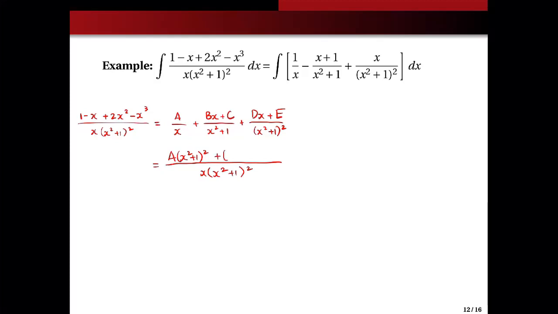And then plus Bx plus C. The denominator of Bx plus C is just x squared plus 1, so I am missing x, and I am also missing one of the x squared plus 1. So I'll have x times x squared plus 1.